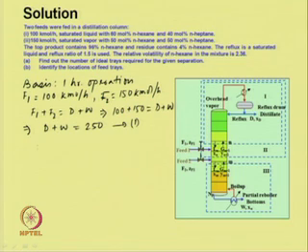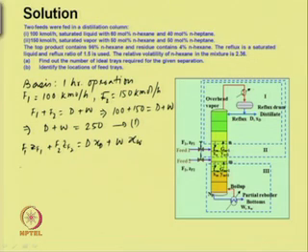Now, if we do the balance on the n-hexane, we can write F1 ZF1 plus F2 ZF2 would be equal to D xD plus W xW.